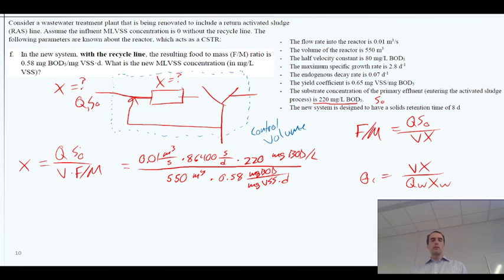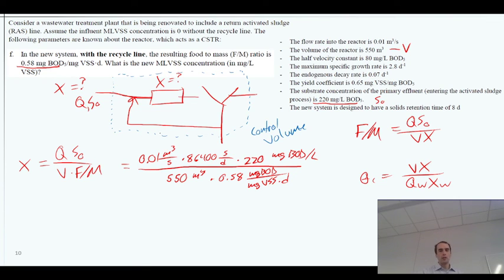We have the volume of the reactor, we have the influent substrate concentration, we have the flow rate. I converted the flow rate into days again, so that's 0.01 cubic meters per second times 86,400 seconds in a day, times 220 milligrams BOD per liter for the substrate concentration coming in, divided by our volume of the reactor, multiplied by the F to M ratio that we were given.